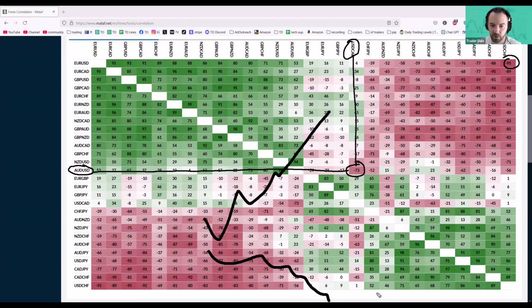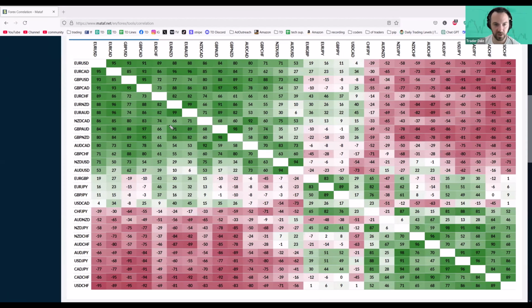And sometimes, the correlation changes over time. Like if some pairs are heavily correlated, they stay that way. But over time, for example, during macro news, the correlation is usually stronger. Let's say that this week we have the FOMC. The correlation could get sometimes stronger, especially during the macro news.